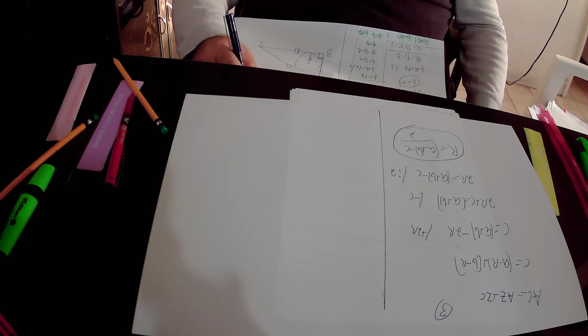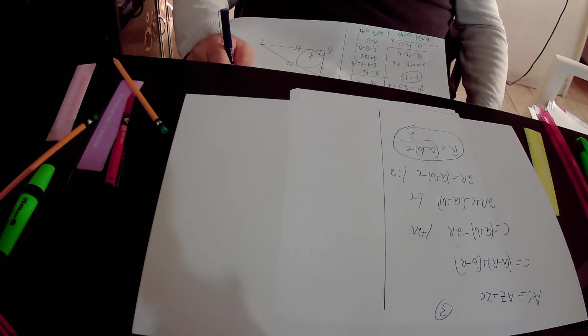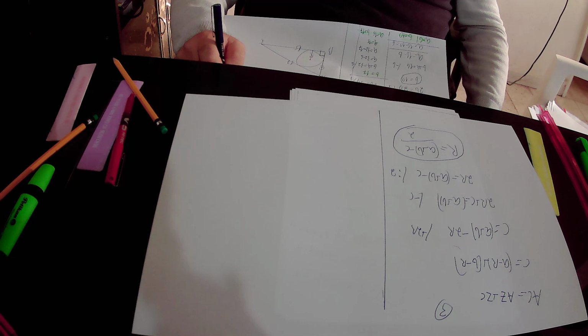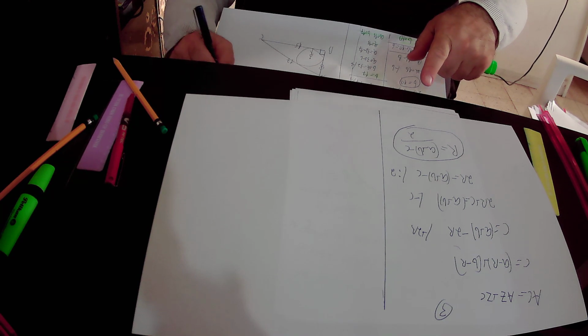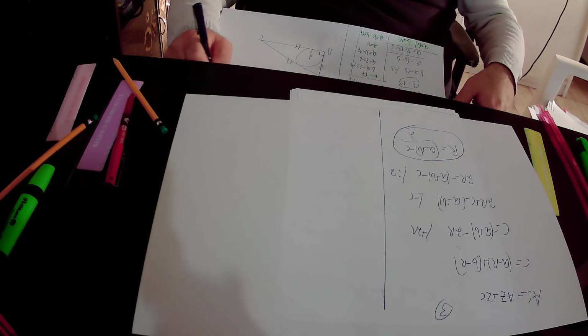That radius equals A plus B, that is the sum of the perpendiculars of the right triangle, minus C, that is the hypotenuse, over 2.